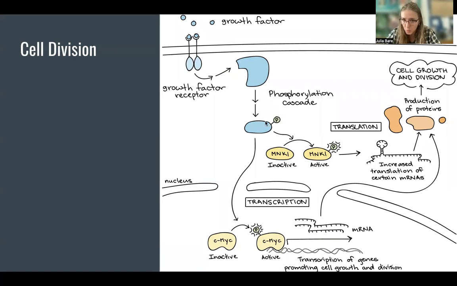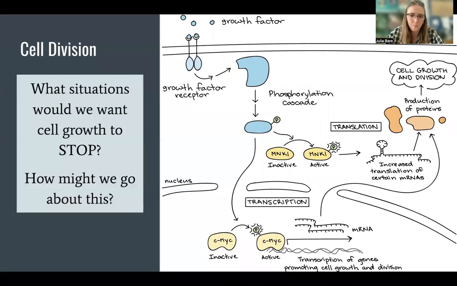So through this phosphorylation cascade, you get this domino effect, this waterfall effect that dumps this massive response and transduction mechanism into the cell to induce cell growth and division. And we're actually going to come back to this example later on when we talk about cell division.